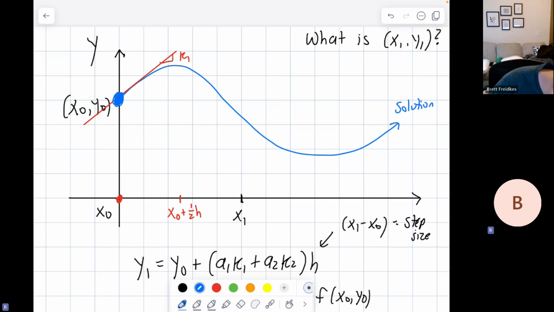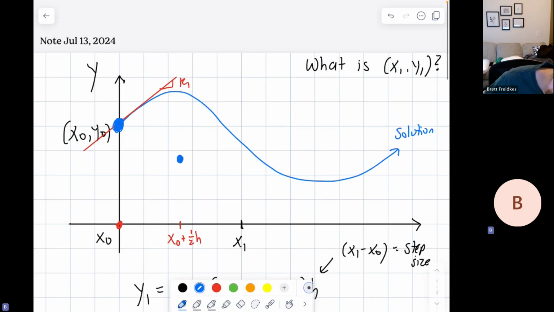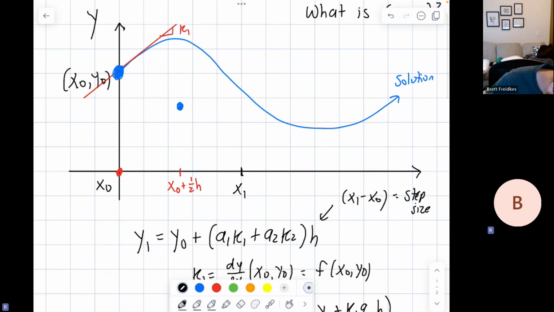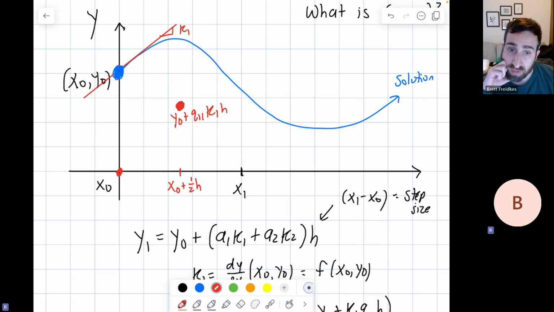Maybe we end up getting a y value that's like here. I'll do it in red maybe. This is going to be our y naught plus some q11 k1 times h. Essentially what we're doing is, based on the slope of the tangent line, we're going to use that to help us determine our next y value.